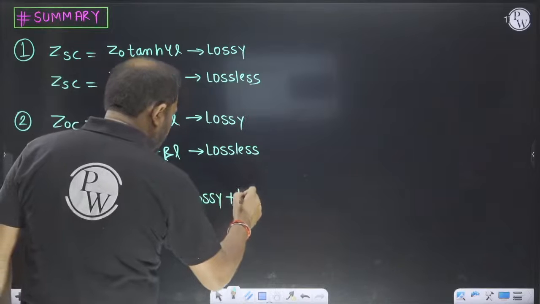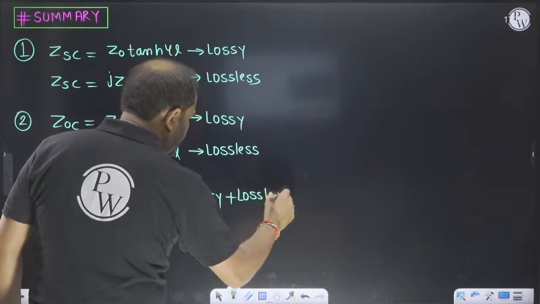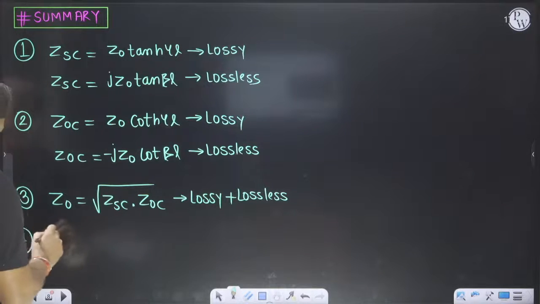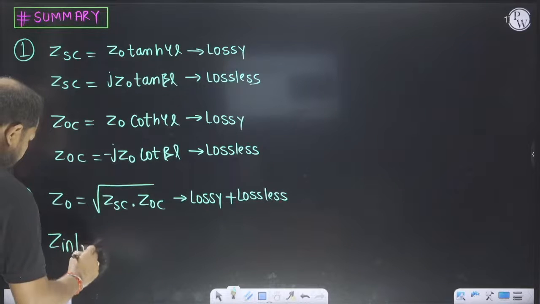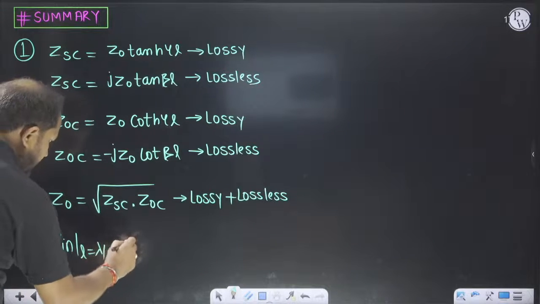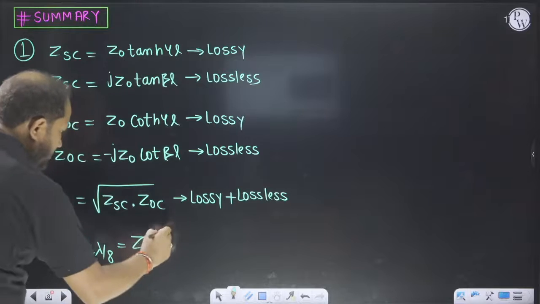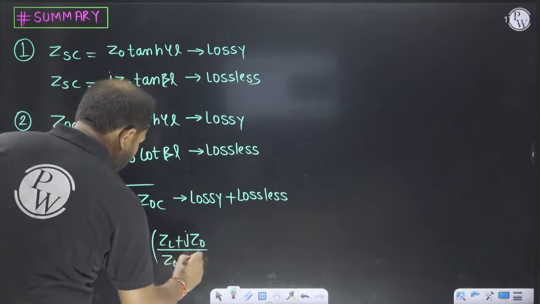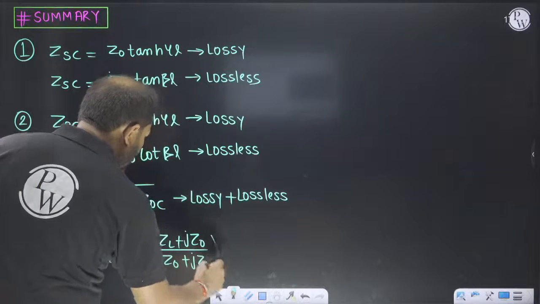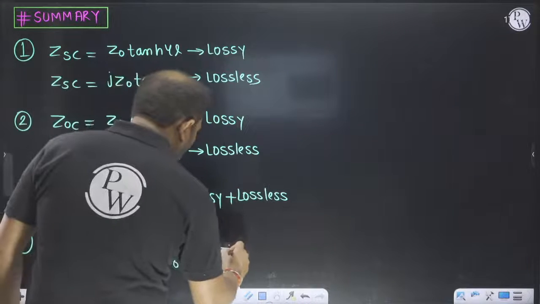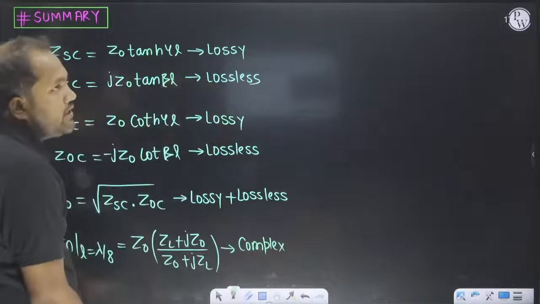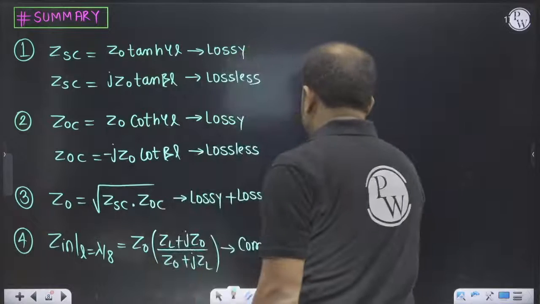Then we have fourth, Zin at length lambda by 8, which is equal to Z0 (ZL plus jZ0) divided by (Z0 plus jZL). This input impedance is complex.